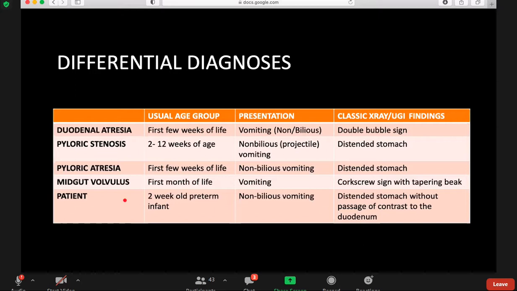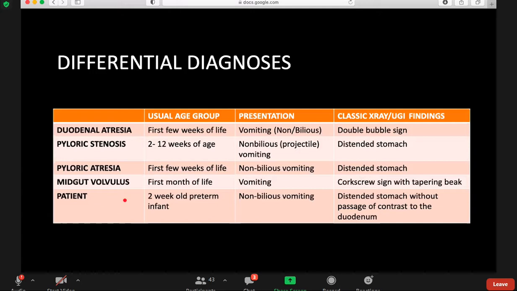Because in these two entities, the baby would start initially well, the baby would start feeding well. In our patient, the baby, as you have stated, started to have projectile vomiting at age 12 days old. There have been literatures that the exact etiology for the hypertrophy of the pyloric muscles cannot be ascertained, but the pyloric muscle thickening starts after birth.